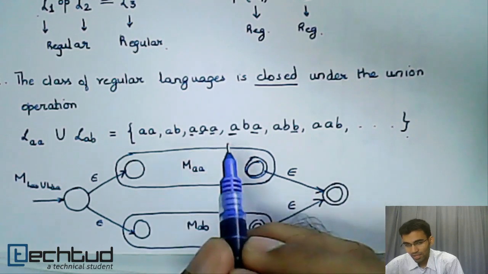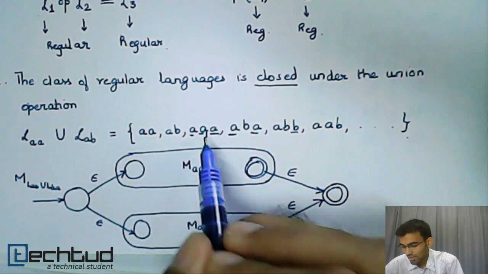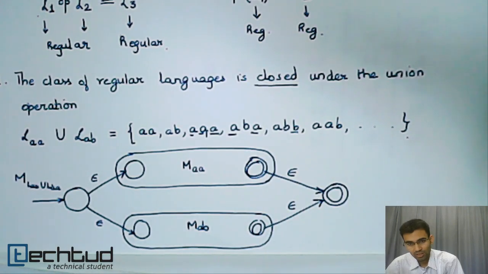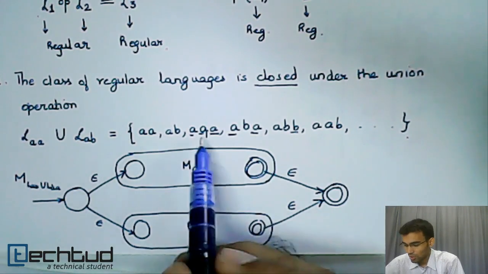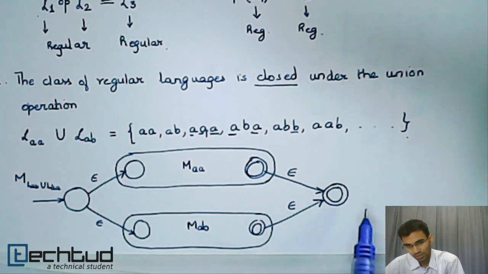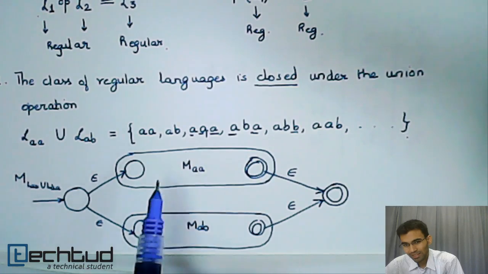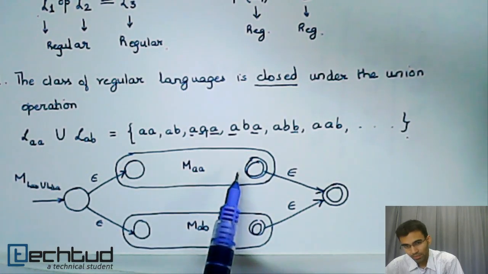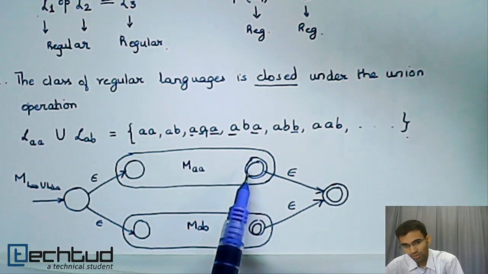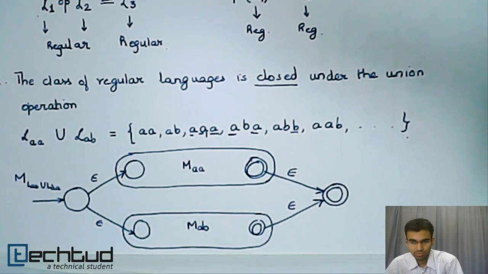On the third A, however, before reading the third A, if you chose to take the epsilon transition and go to the final state of the overall machine, that particular path would fail, because on this last A there is no transition out of the final state. Alright, so AAA will be completely accepted by MAA. Once the string is over, you would take the epsilon transition going to the final state of the overall machine.